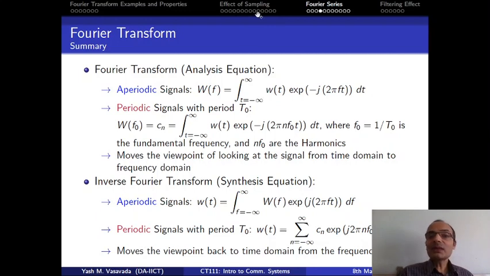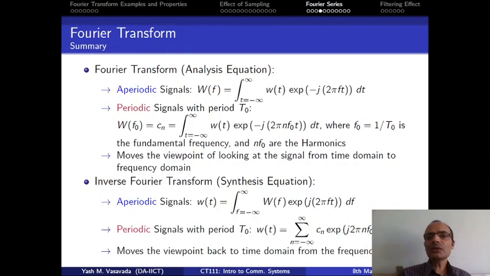So that part is covered in the section on the effect of sampling. The dual part is that now instead of making the frequency domain periodic, here in the Fourier series we are making the time domain periodic. And when we do that, the frequency domain gets discretized, as shown here. So again, we are flipping back and forth between two dual interpretations of periodicity and sampling.